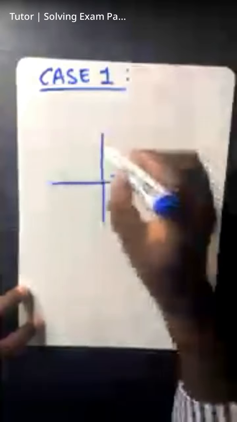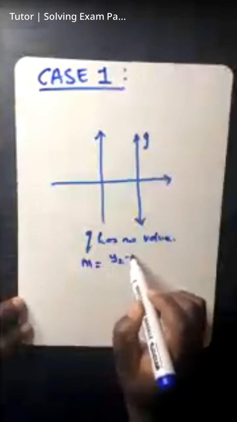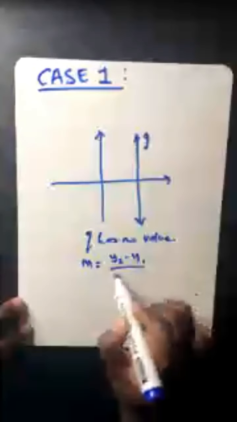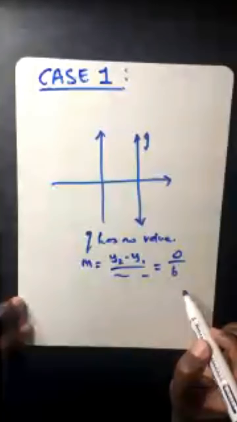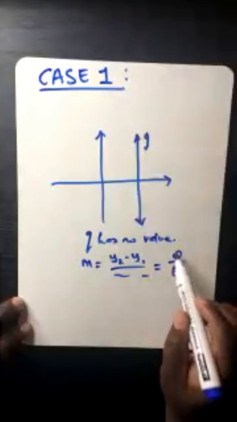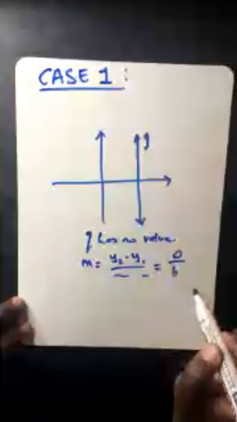I'm not sure if you remember, guys. Then we said gradient, when you calculate y2 minus y1 over x2 minus x1, we ended up having 0 over 6, and 0 divided by a number is 0.